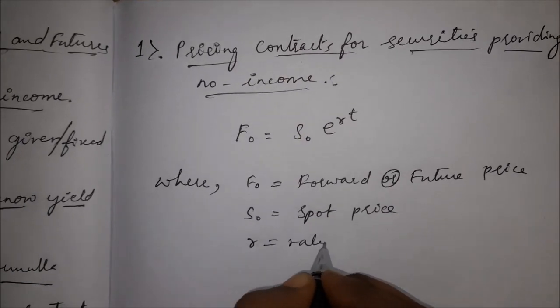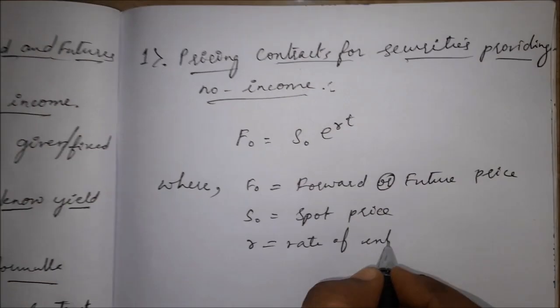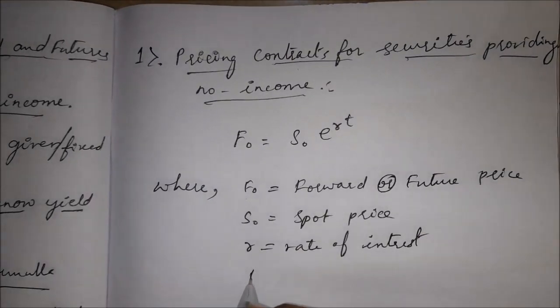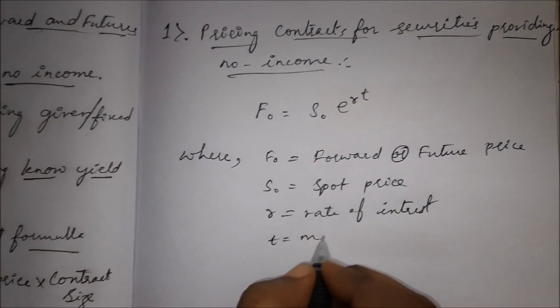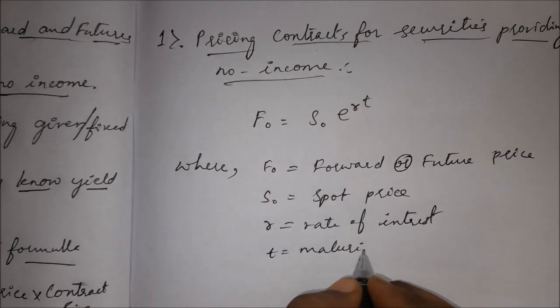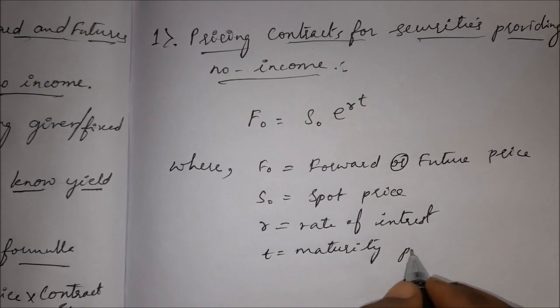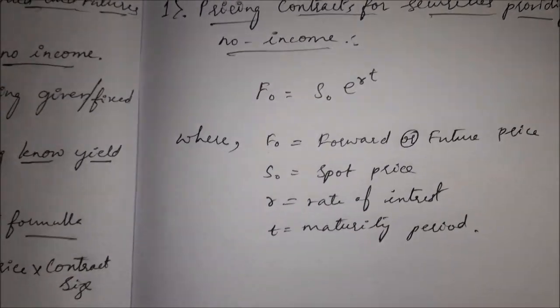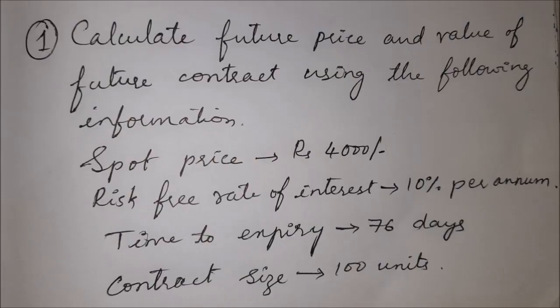Next, R is the rate of interest given in the problem, and the last, T, is the maturity period or time. By using this formula we will calculate future price or forward price.